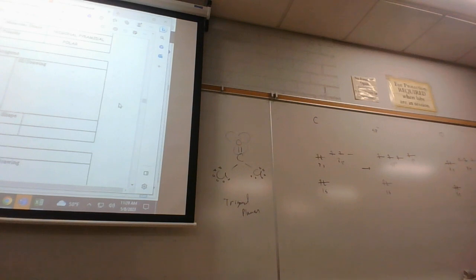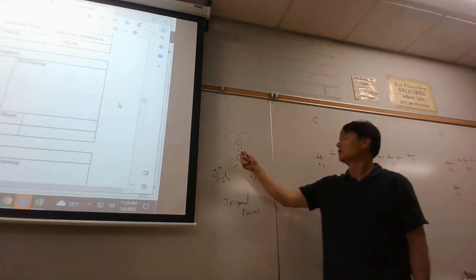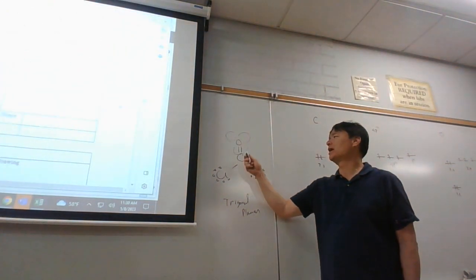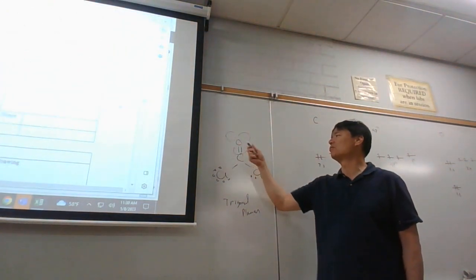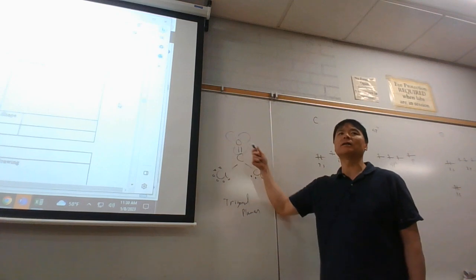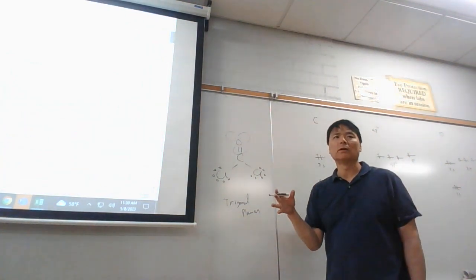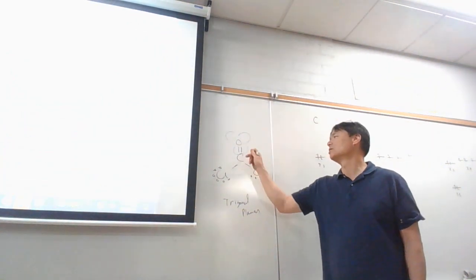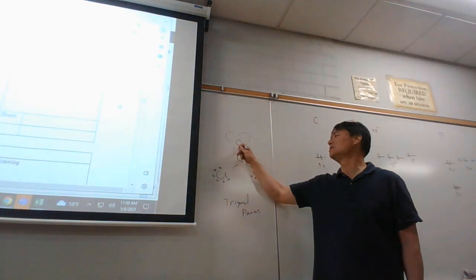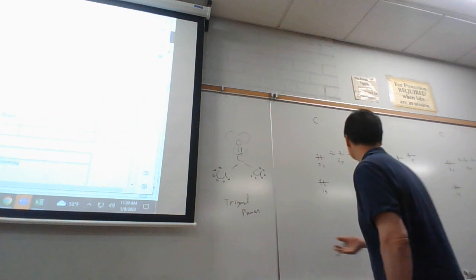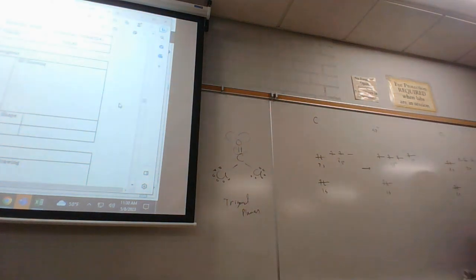But if it's sp2, I'm going to get 3 sp2 orbitals and 1 unhybridized p orbital. Then I look, is there a formal charge on the oxygen? In other words, I count the number of electrons based on formal charge. Oxygen has how many electrons that belong to it? Counting formal charge, we split these evenly, so that's 1, 2, 3, 4, 5, 6. There's 0 formal charge, it's got 6 valence electrons. So we took care of 2 here.